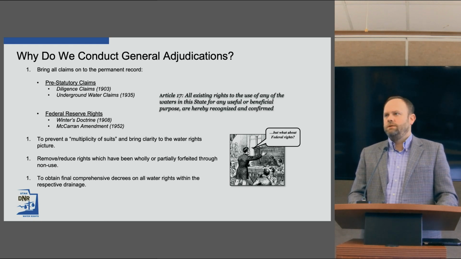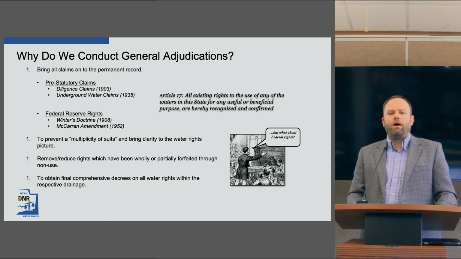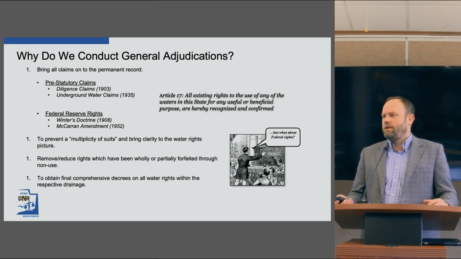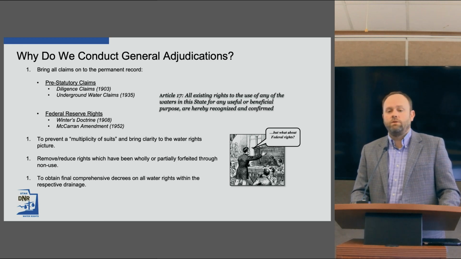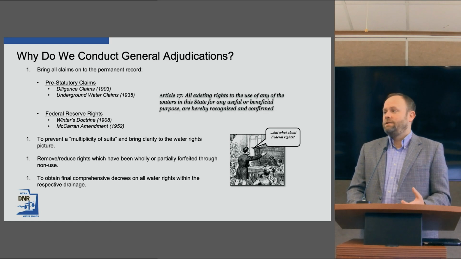And so the premise is when they reserve land for those Native American reservations, they reserve sufficient water for those purposes. This has since been expanded into a lot of different federal reservations, including Forest Service lands, national parks, national monuments, and military bases. We'll talk a little bit more about this at the very end, but suffice it to say, it's there.